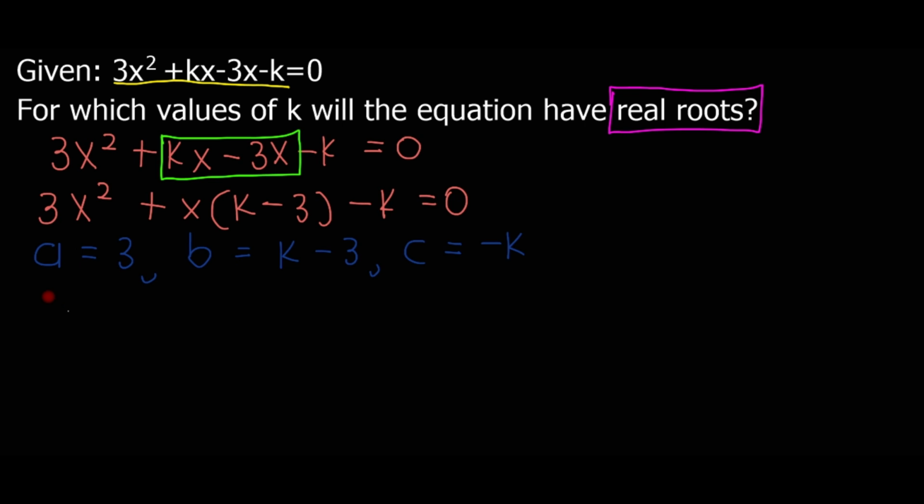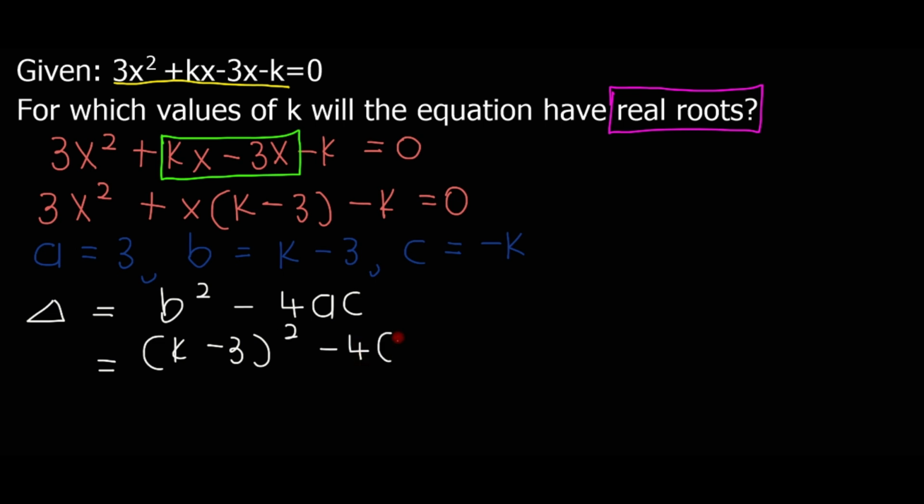So from there, we write the discriminant, and then this is b squared minus 4ac, and then our b is k minus 3, and then A is positive 3, and then C is minus K. So from there I simplify.